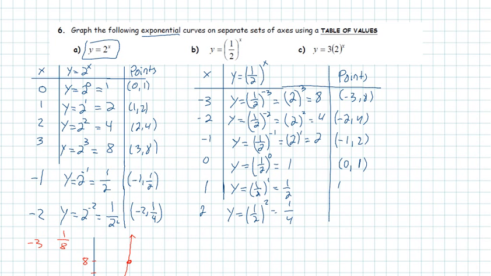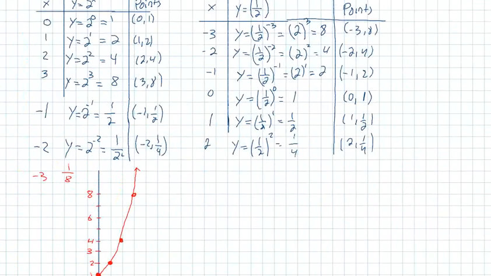And 2, 1/4. I know it says to graph them on separate axes, but because I don't have too much room, I'm actually going to graph them on this one. And then it's nice to compare, okay? I want you to see the difference.